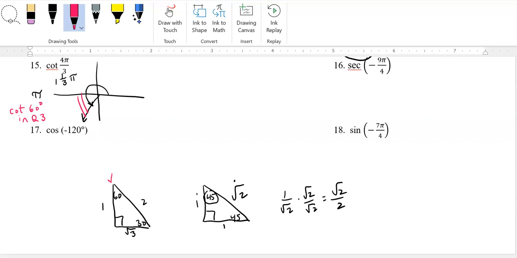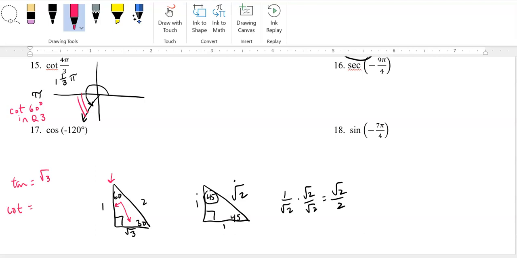You're back to this special right triangle, and tangent 60 degrees is opposite over adjacent, square root of 3 over 1. So tangent 60 is square root of 3.